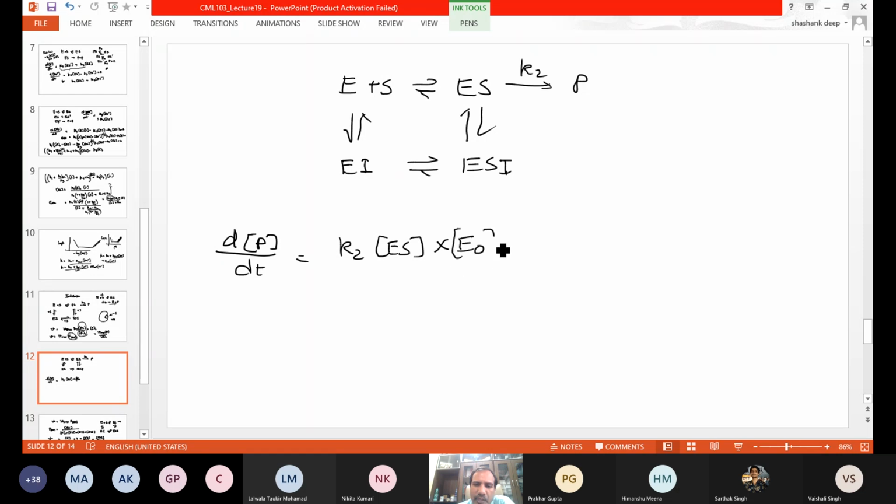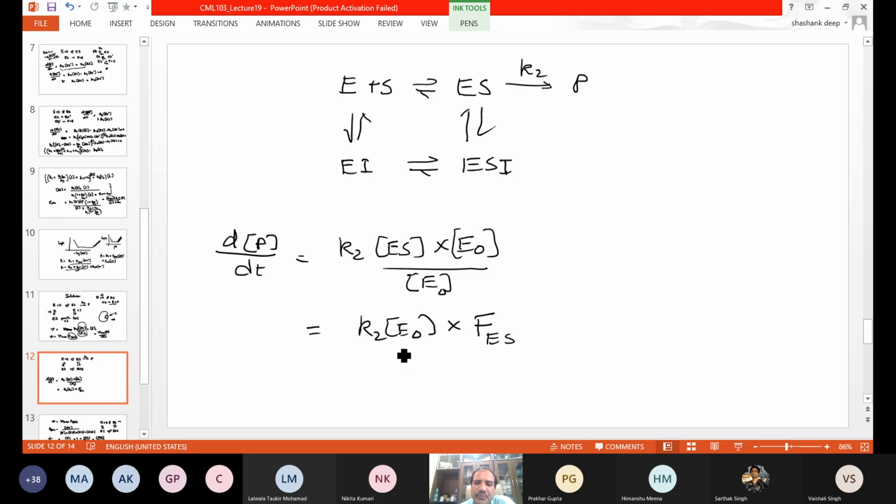Am I right? And the way we calculate this kind of complex scheme is just take E naught, which is total enzyme, and multiply and divide by E naught. So K2 into E naught, which is Vmax, we all know this, and ES by E naught is called fraction of ES.